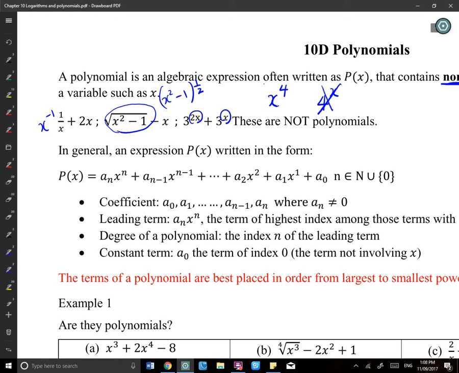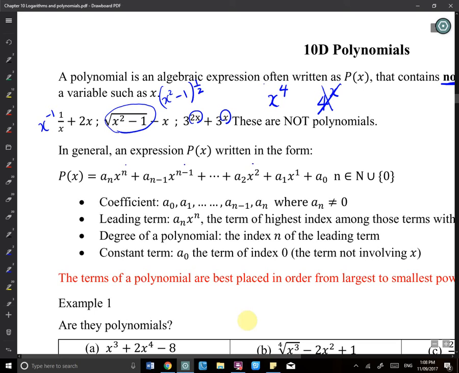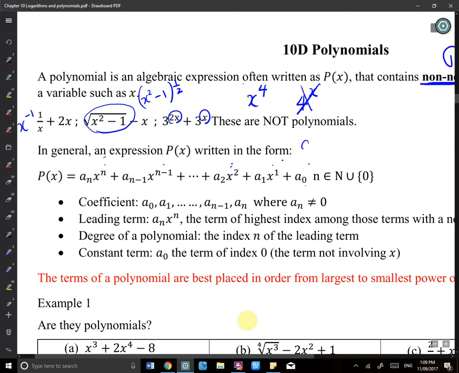So in general, an expression p(x) is written in this form. We write that in a decreasing order of the power: x to the power of n, n minus 1, n minus 2, until 2, 1, and constant. Make a note here: constant is a polynomial. Why is constant a polynomial?